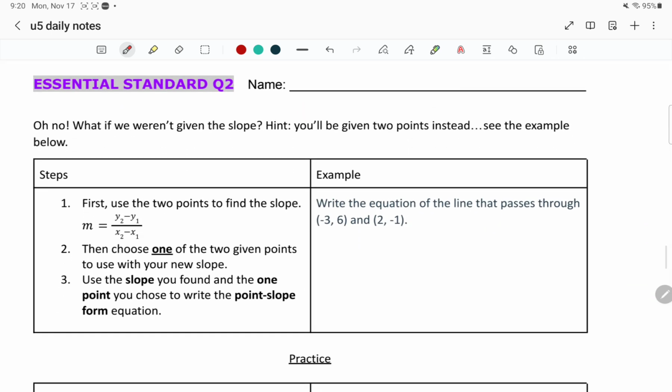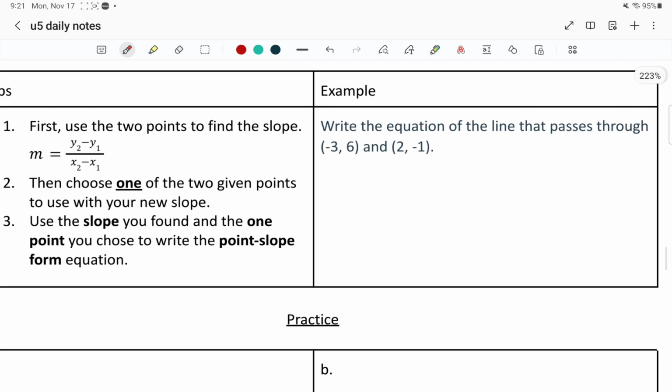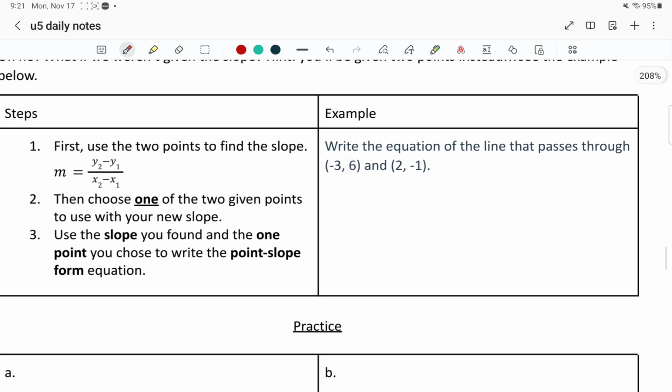Okay, last thing. What if we weren't given the slope? What if you have a question, which you will, where you're only given 2 points? Well, that's okay. From 2 points, I can find the slope. So we are taking lots of stuff that we have learned previously and we are plugging it all in to here. So first thing I need to do is find my slope.